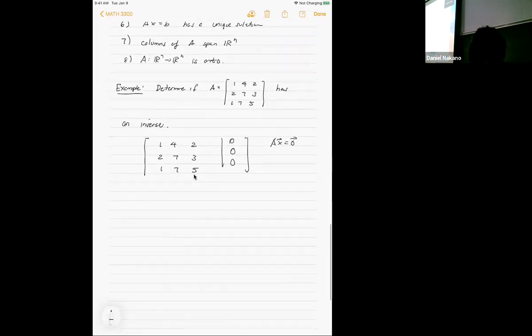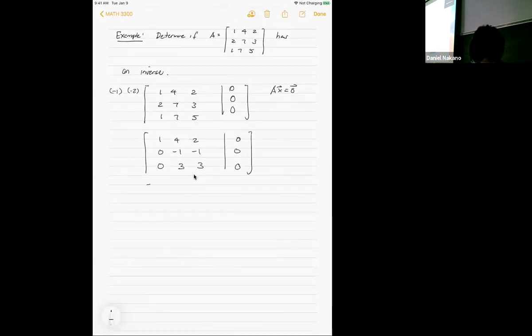So let's do this. You just apply Gaussian elimination. So 1, 4, 2, 0, 0. What do we get? We get -1 here, and -1 here, and a 0. Then I'm going to apply -1 to row 1 and add it to row 3. 0, 3, 3, 0.